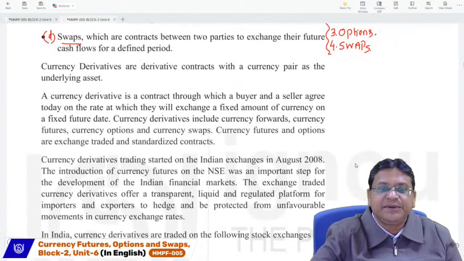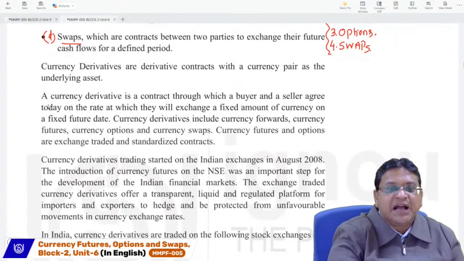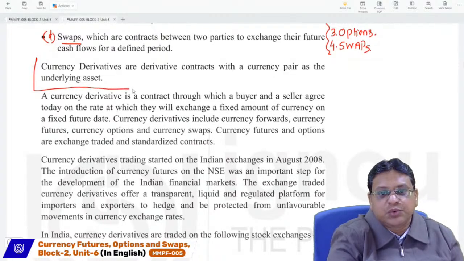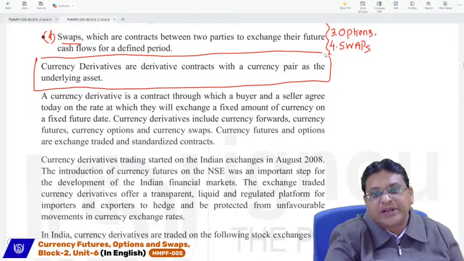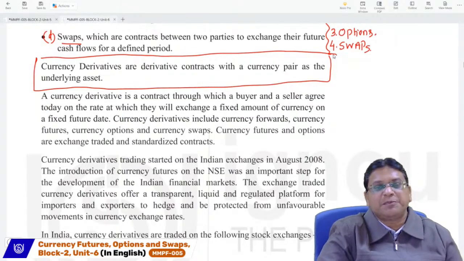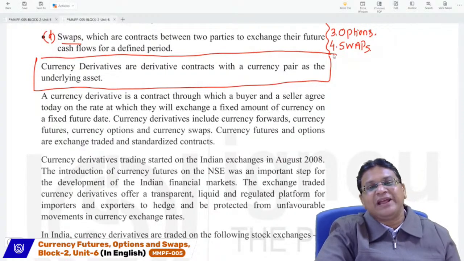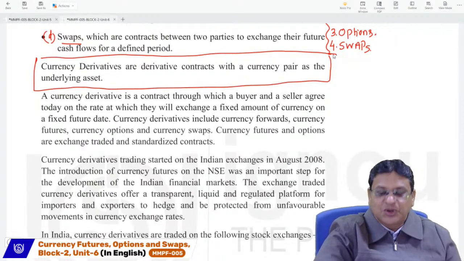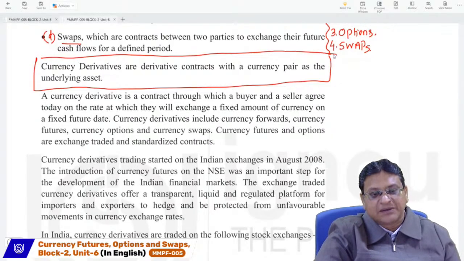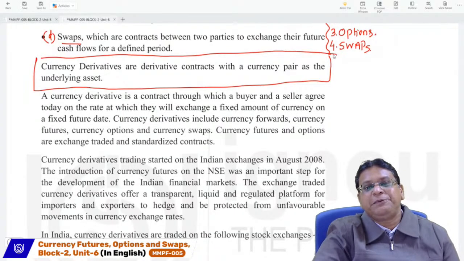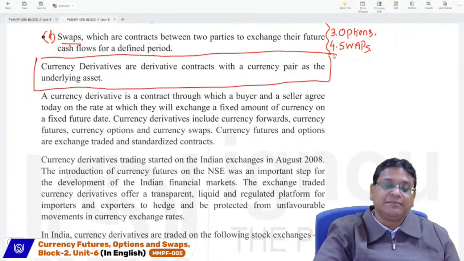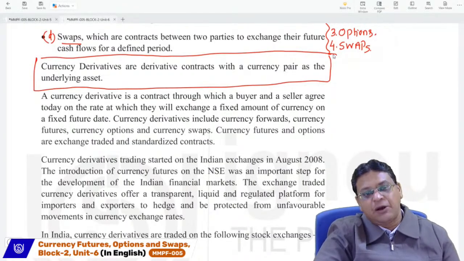So what is a currency derivative? Currency derivatives are derivative contracts where a currency pair is the underlying asset, such as a dollar forward or a euro forward. The dollar-rupee rate, for a future buying rate or a future selling rate, will be fixed now.